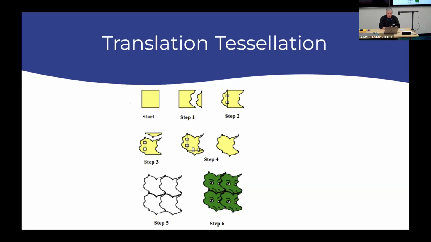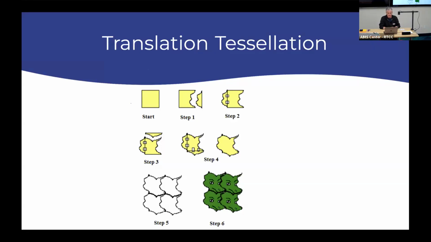And the idea behind a translation tessellation, other than alliteration, is that, and this is a visual example of what we're going to do, you start with a square, and then you cut a piece out of one side of that square, move that piece all the way across to the other side and tape it into place.